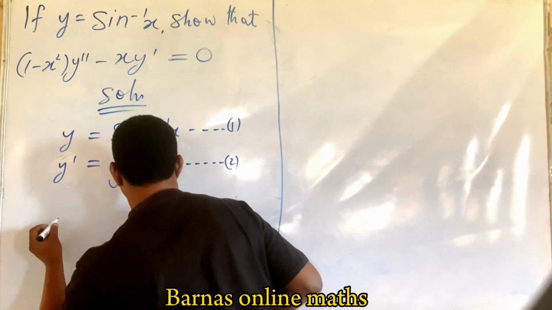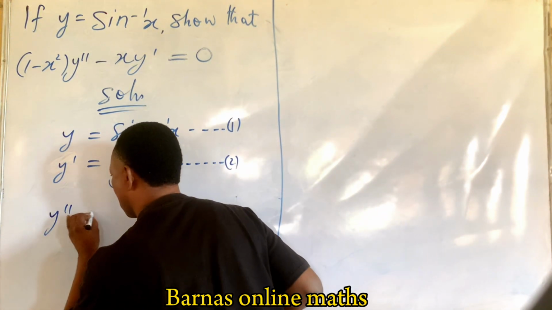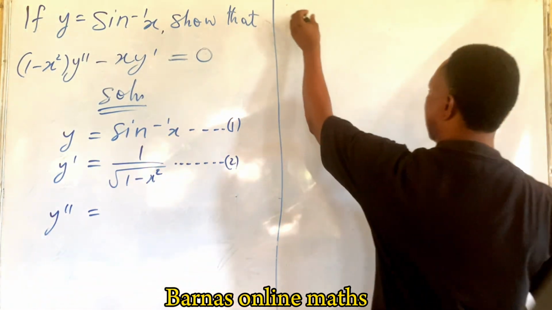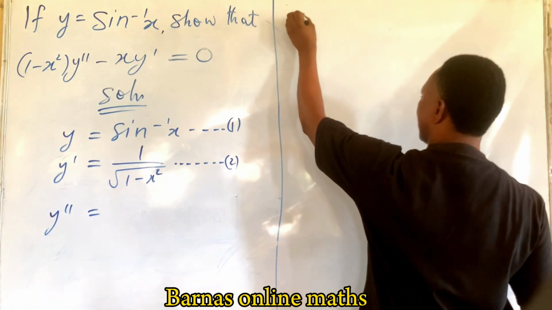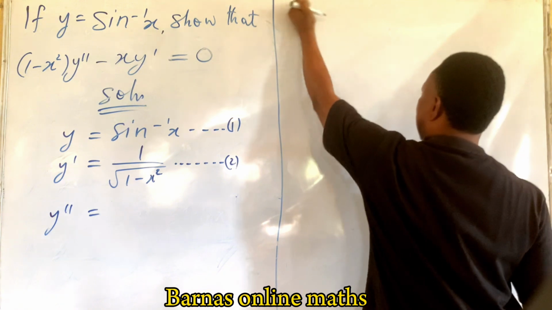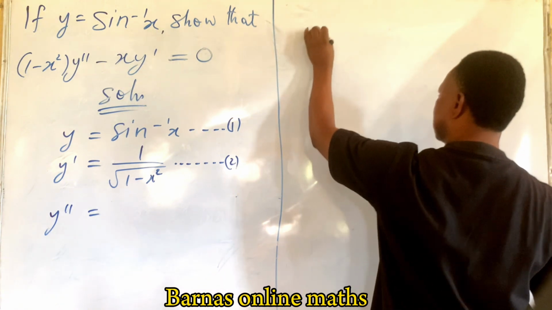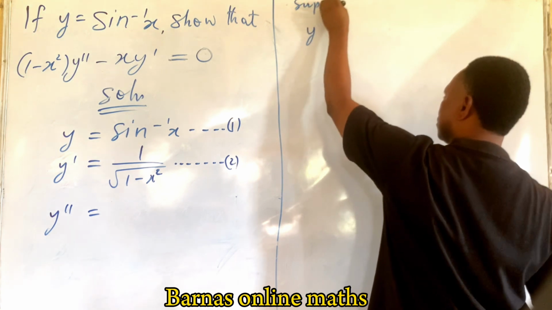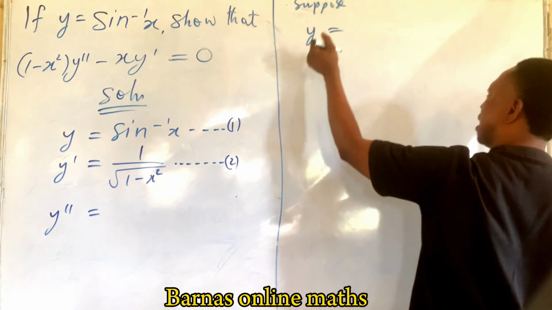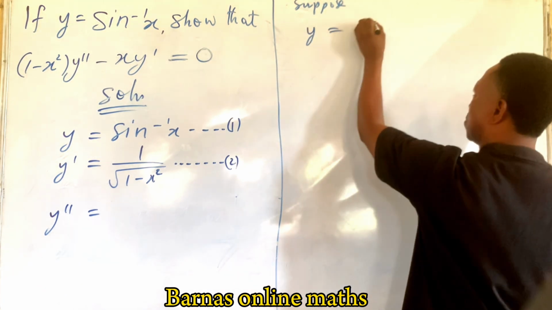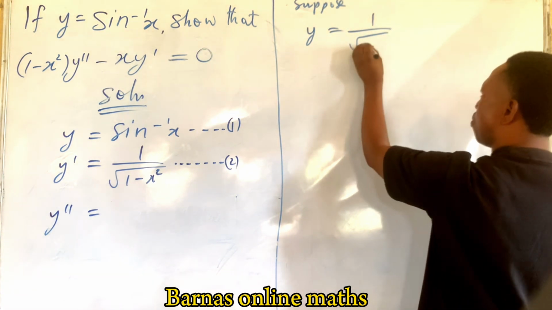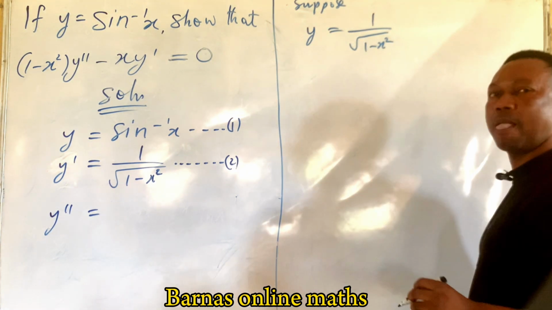Our y prime prime will now be equals to, if I should bring this out, let's say we have that, for instance, suppose our y is equals to 1 all upon square root of 1 minus x squared.